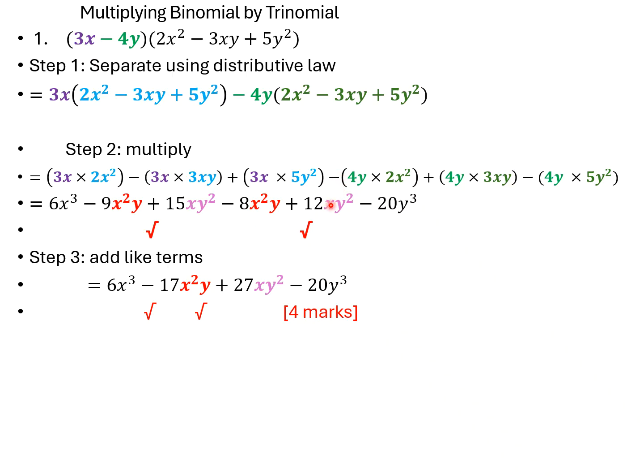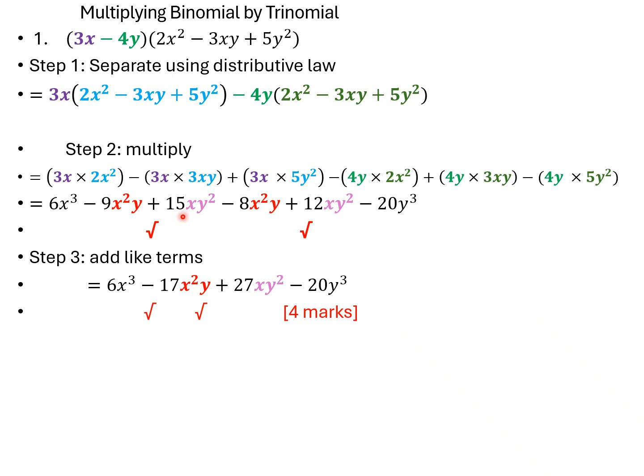There negative stays. 4 times 2 would give me 8, and then x squared times y gives me x squared y. Positive stays there. 4 times 3 gives me 12. x stays x, and y times y becomes y squared, and for the end here I have negative 4 times 5, which would give me 20. y squared times y gives me y cubed.